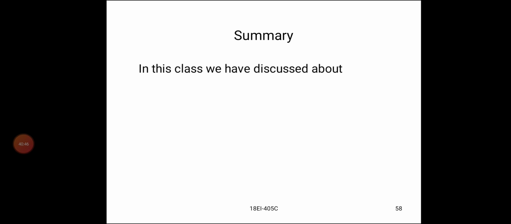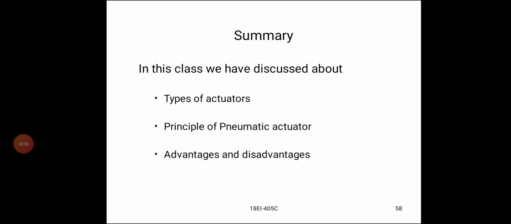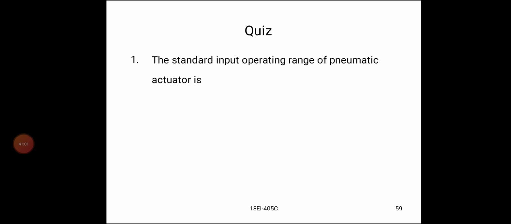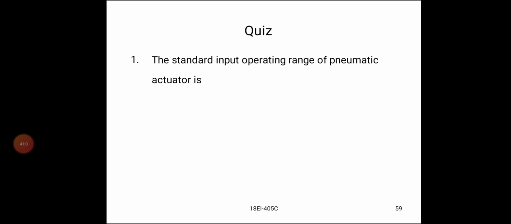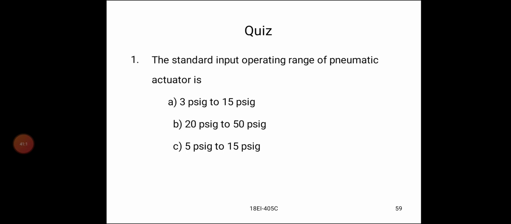Summary: in the class we have discussed types of actuators, the principle of pneumatic actuator, and advantages and disadvantages of pneumatic actuator. First question: the standard input operating range of a pneumatic actuator is: A. 3 psig to 15 psig, B. 20 psig to 50 psig, C. 5 psig to 15 psig, D. None.